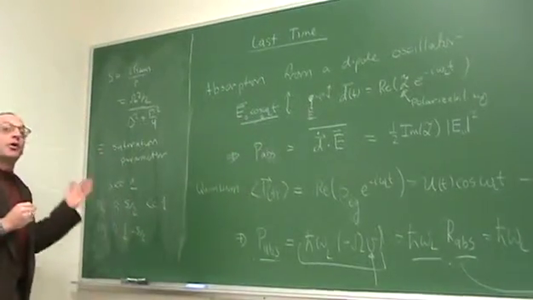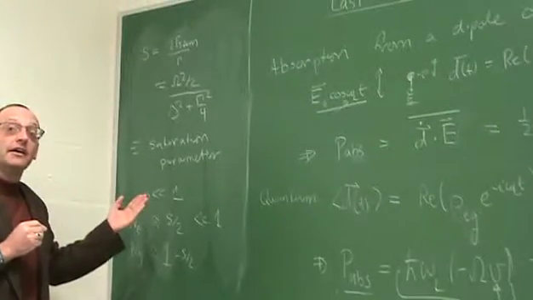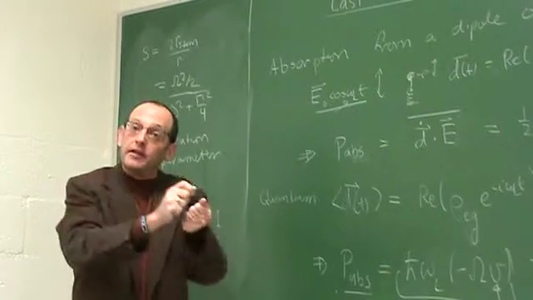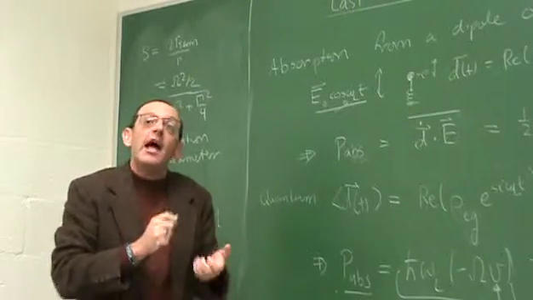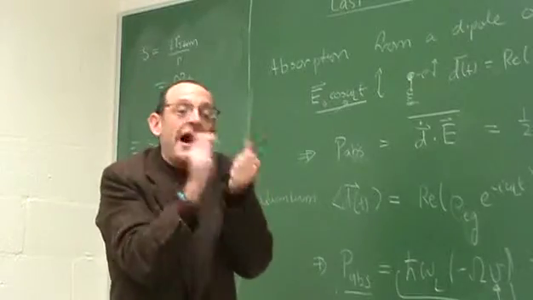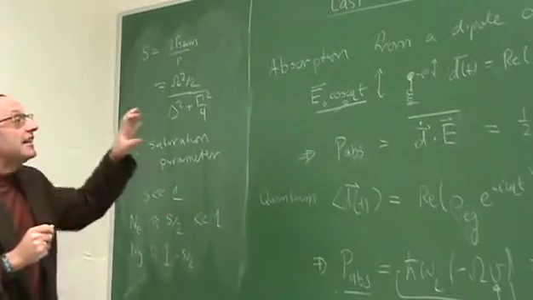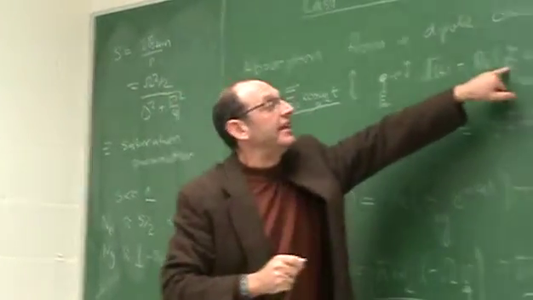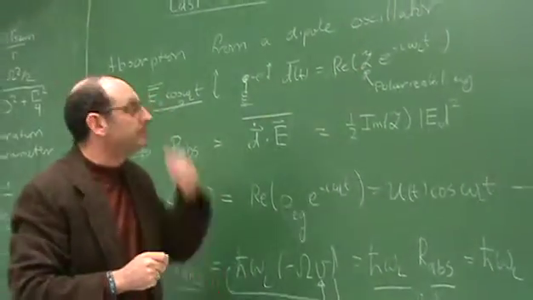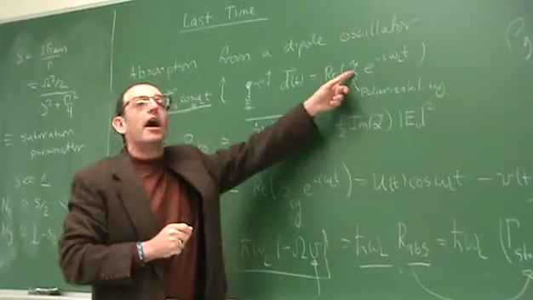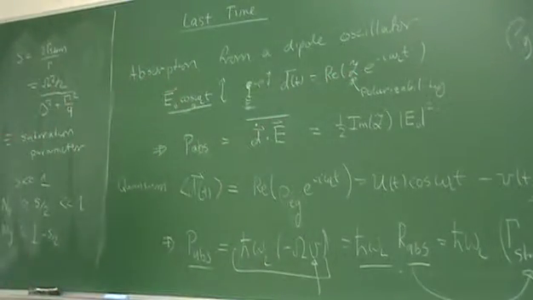Most of the population stays in the ground state. I create a little bit of coherence, a little bit of oscillation. And I can really, in that case, think about my two-level atom, or my atom in general near resonance, as a linear responder. That's to say, it has a linear response function where the polarizability is independent of the intensity. It's some number that depends on the oscillator strengths.